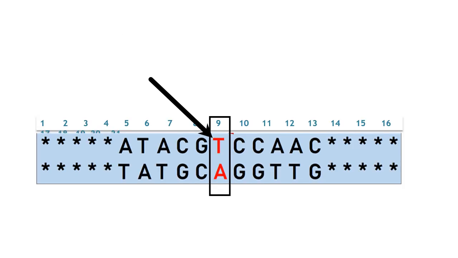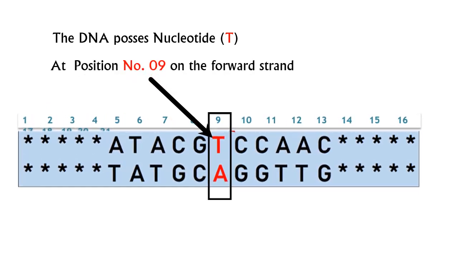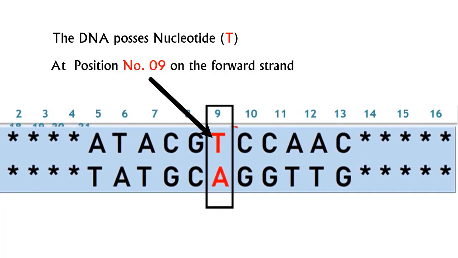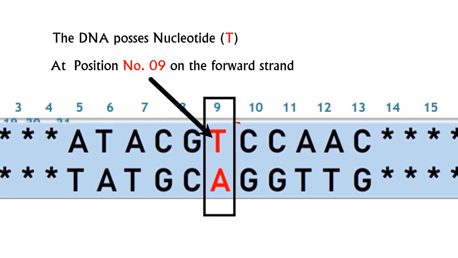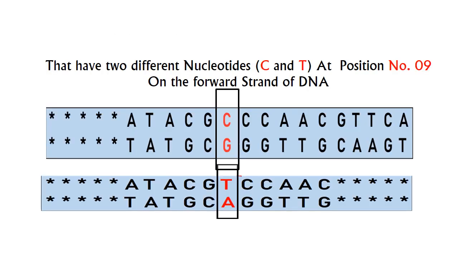Now let us see another individual. This individual possesses nucleotide T at position number 9. So they have different nucleotides at position number 9. Comparing these two individuals' DNA, we can highlight the difference at the nucleotide level between them.